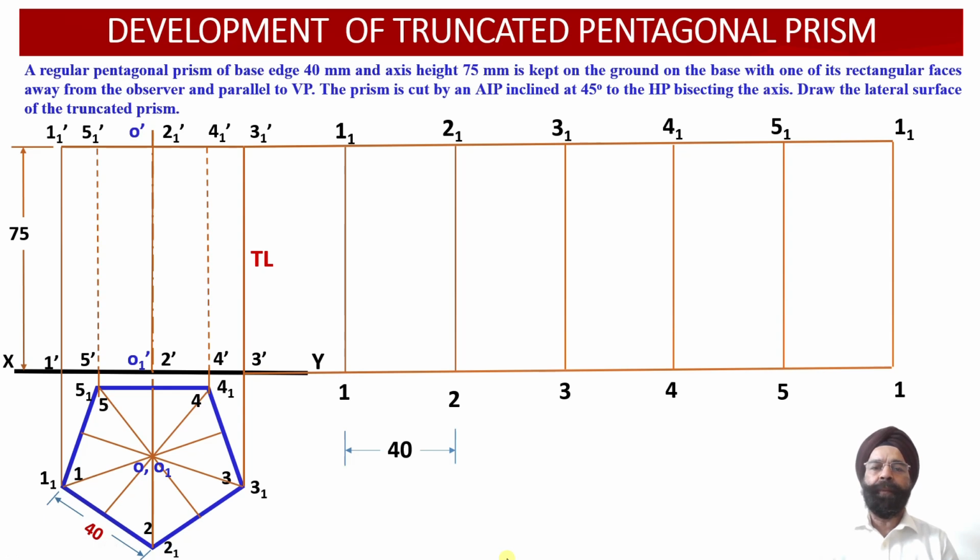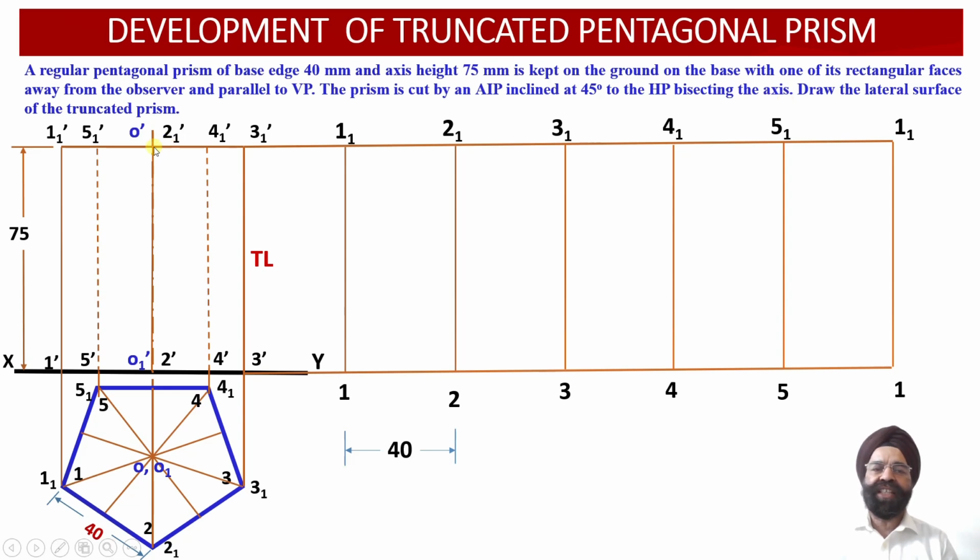So now we have been provided with the information that this prism has been cut by an auxiliary inclined plane, which is inclined at an angle of 45 degree with respect to the horizontal plane and perpendicular to the vertical plane. And this auxiliary inclined plane is going to bisect the axis of this prism.